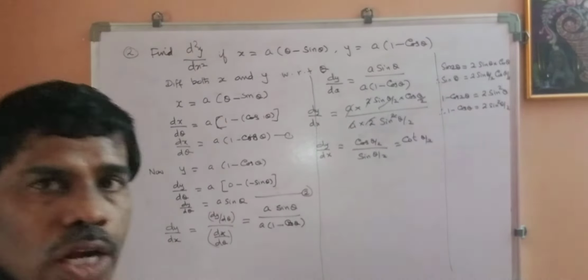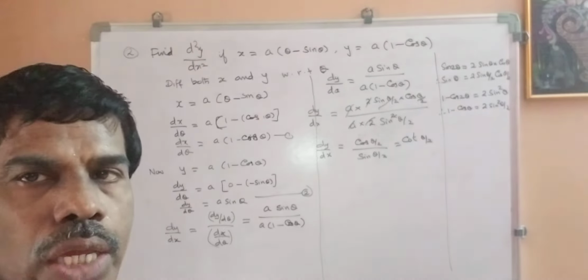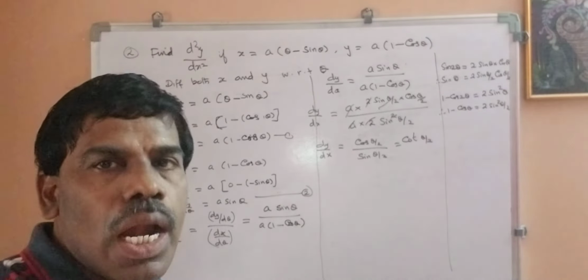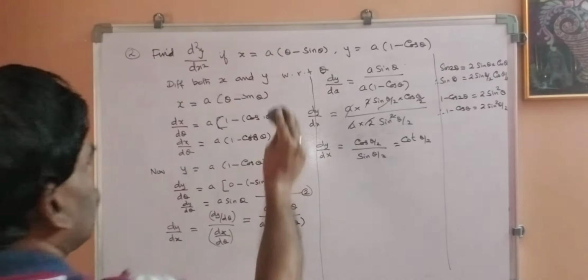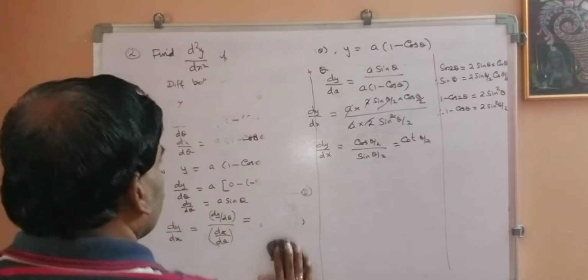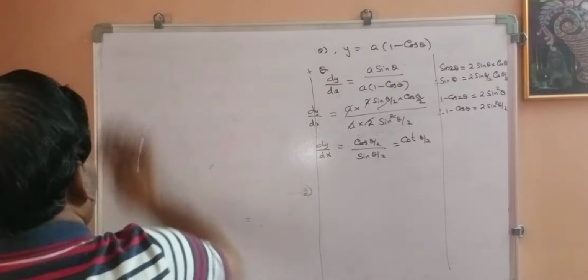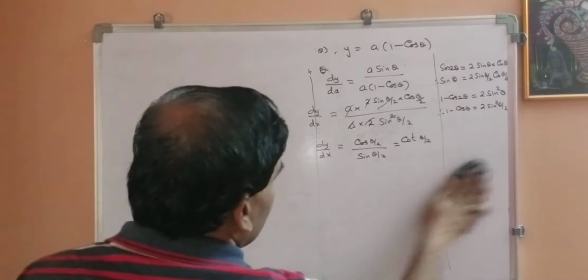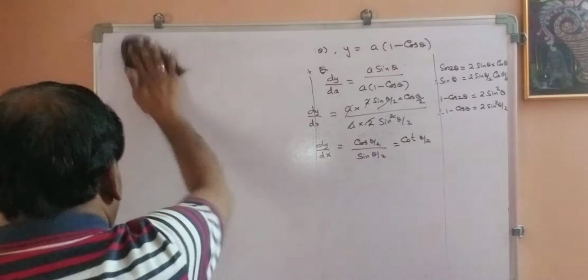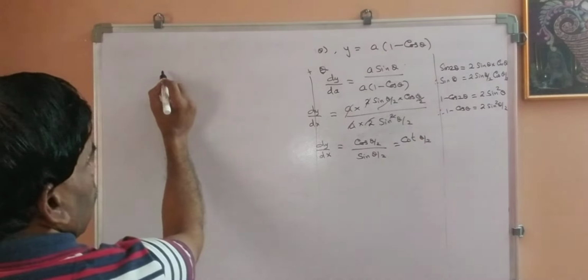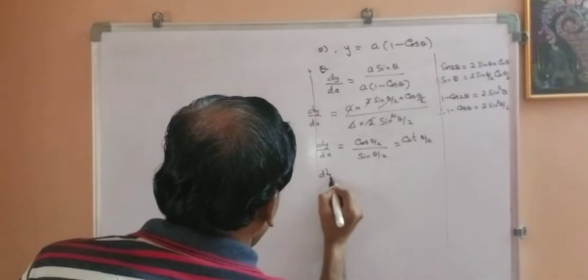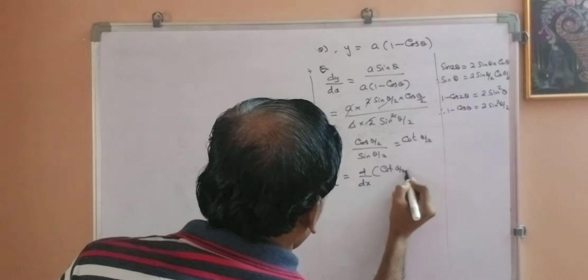Now, so far what have we done? We got dy by dx. But what is our ultimate aim? We have to find out d square y upon dx square. So now we will do it again. That means it is a little different in this case. d square y by dx square equal to d by dx of cot theta by 2.